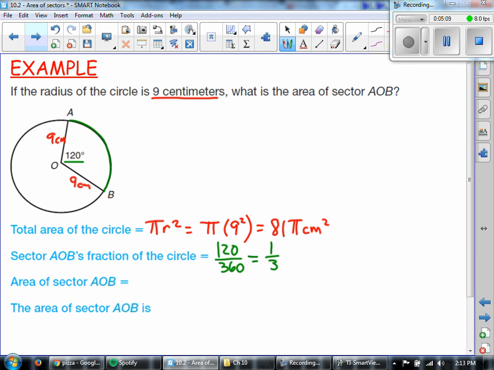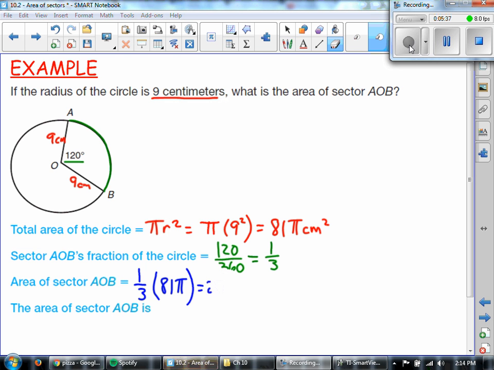Third question says area of sector AOB. We take the fraction of the circle we are looking for, which is 1/3, times our total area, 81 pi, and this will give us the area of the sector. Now 81 times 1/3 is really 1/3 times 81, or 81 divided by 3, which is 27.